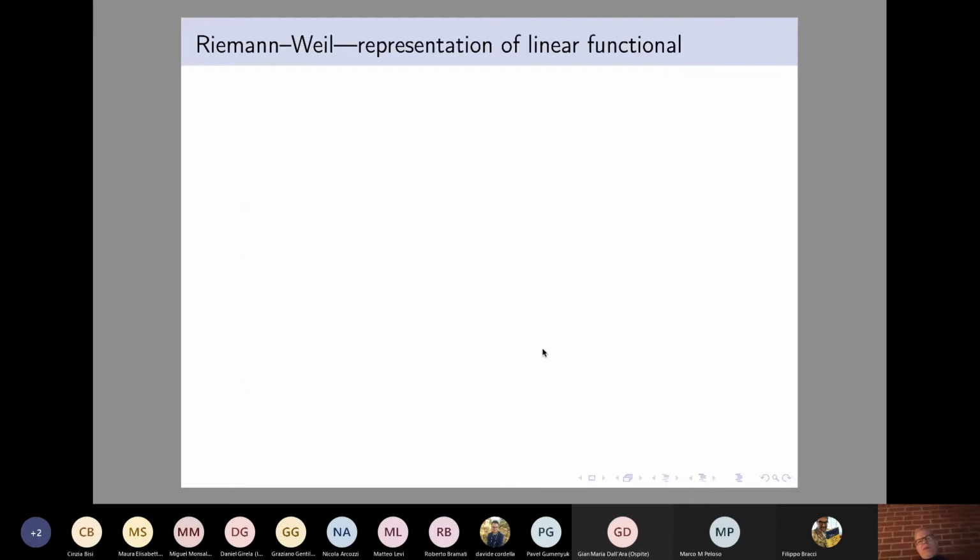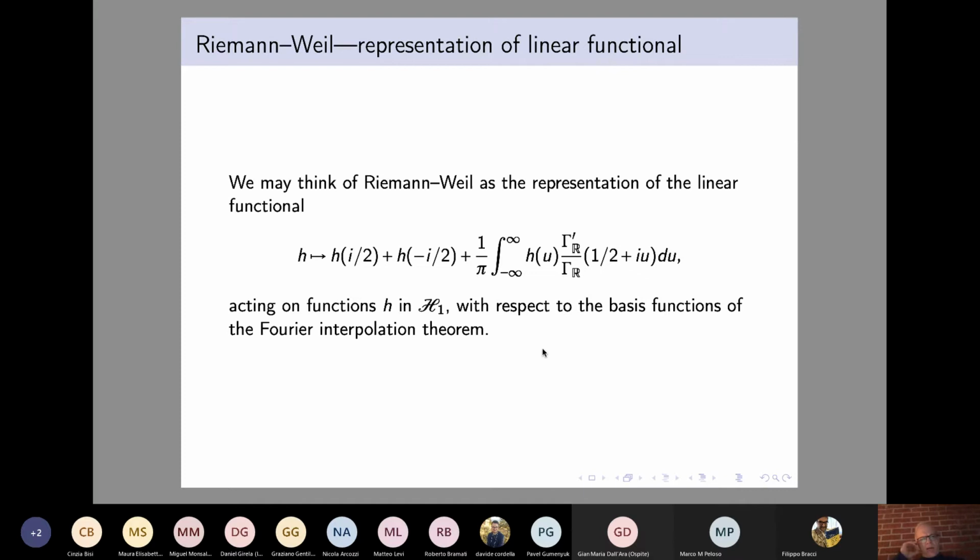There is another thing to say about the relation between these two formulas, and that is that once you have this basis representation that I showed to you, we may think of Riemann-Weil as the representation of a certain distinguished linear functional.